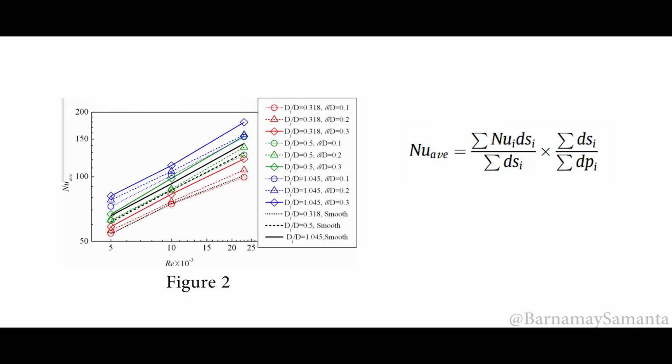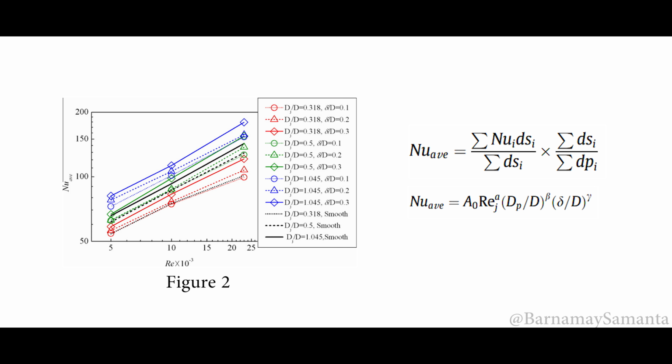Figure 2 presents average Nusselt number distribution on the protrusion surface with the change of jet Reynolds number. Average Nusselt number for smooth target surface with corresponding areas is also given for comparison. Based on the present numerical results, a correlative expression of average Nusselt number on protrusion surface, Nu average, between δ/D, Re, dj/D is obtained.